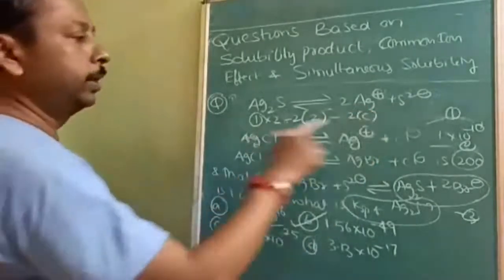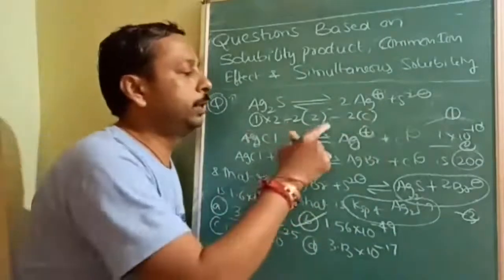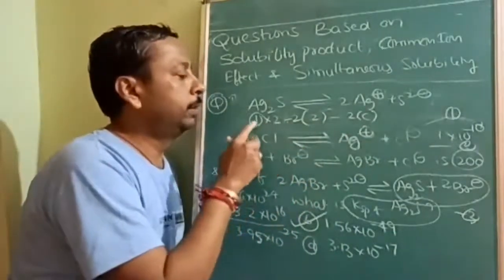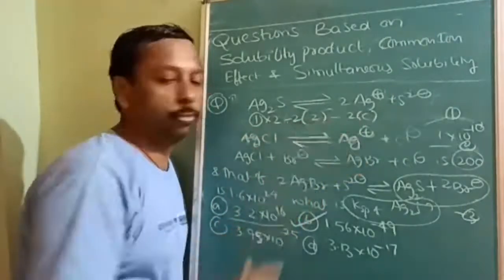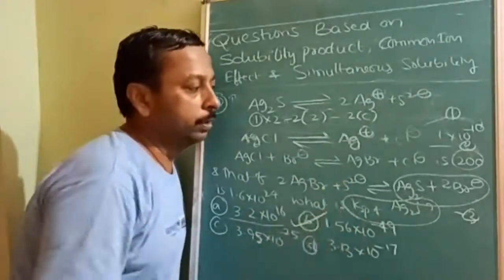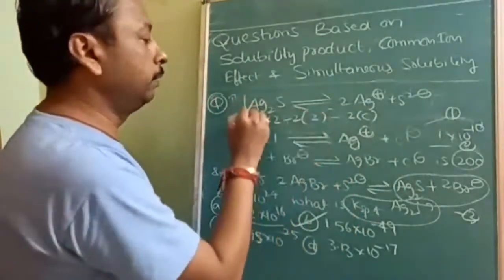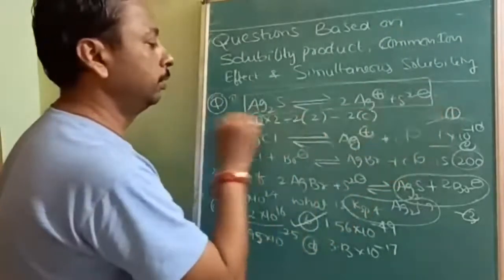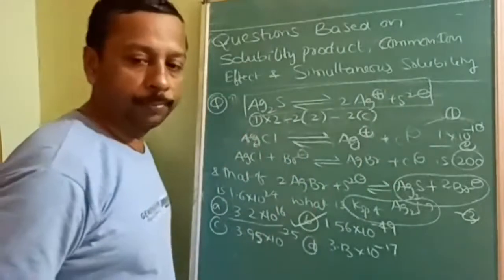Then if you arrange them, you will get the final equation: equation 1 into 2 minus equation 2 into 2, minus equation 3. On simplifying, you will get the required equation. It is just a combination of the three equations to get the target equation. This is our target. If you want, you can solve it, and then you will get this equation only.